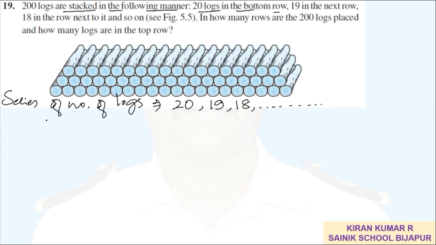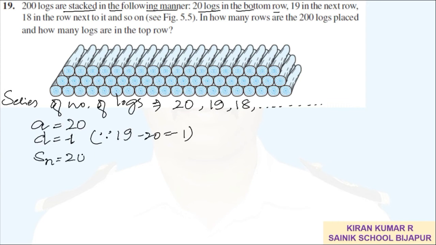Here they have given the first number of logs, that is the first term. Common difference is -1 because 19 minus 20 is -1. Sum of all the logs is 200.